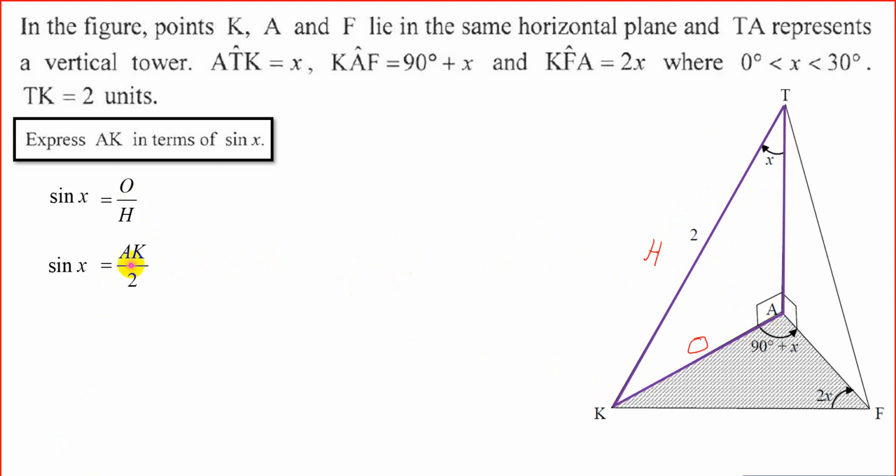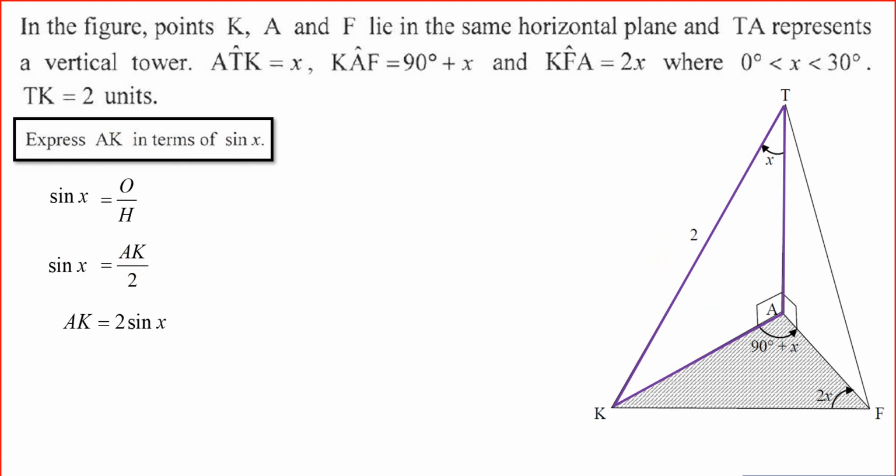Now we're going to cross multiply, and that will give us AK is equal to sine X times 2, which is 2 sine X. So we've answered the question, which says express AK in terms of sine X: AK is equal to 2 sine X. We're now going to go to the next question.